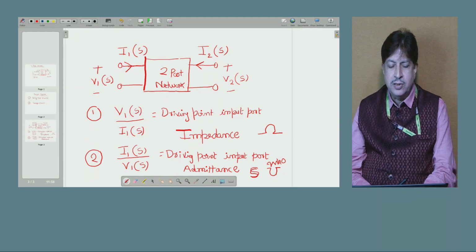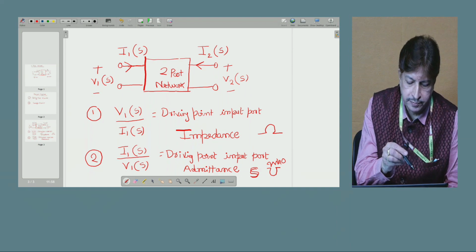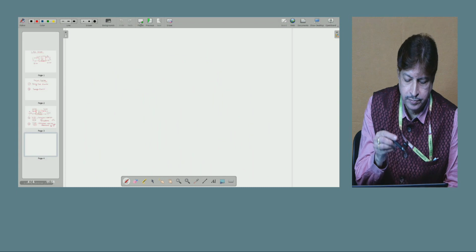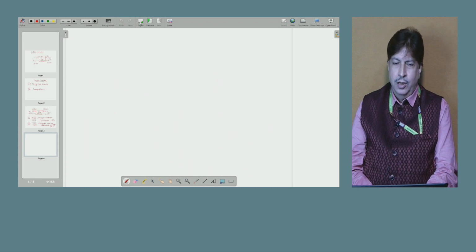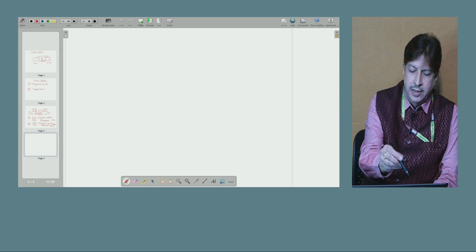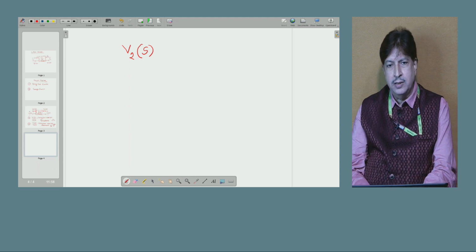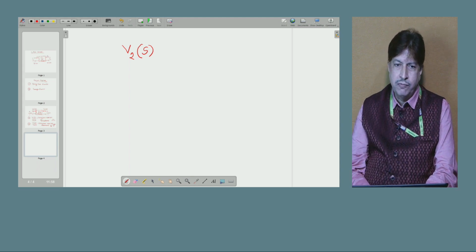Now, let us represent driving point functions on the output side. If you look at the output side, there are two variables. One is V2(s), which is nothing but the Laplace transformation of the output voltage variable.